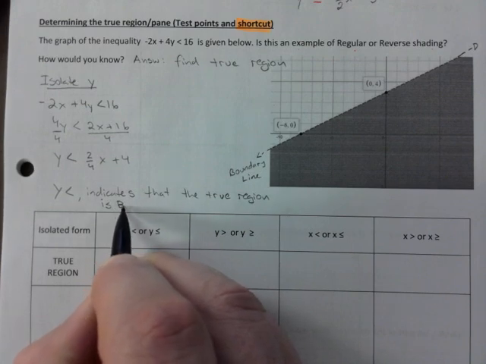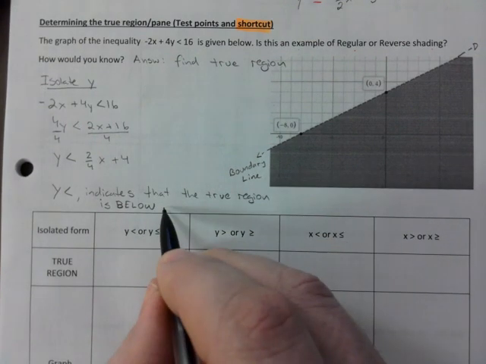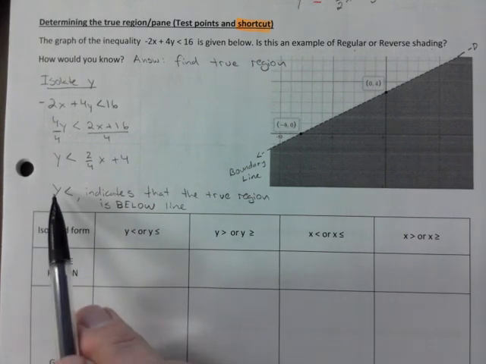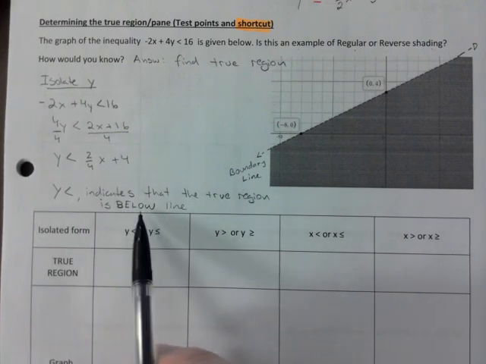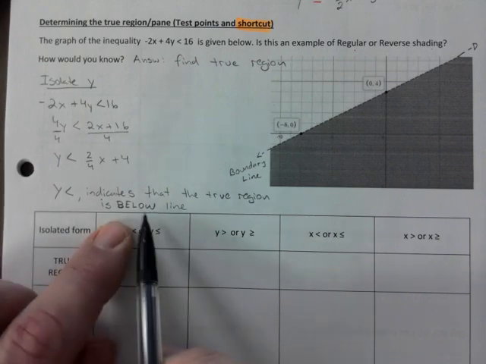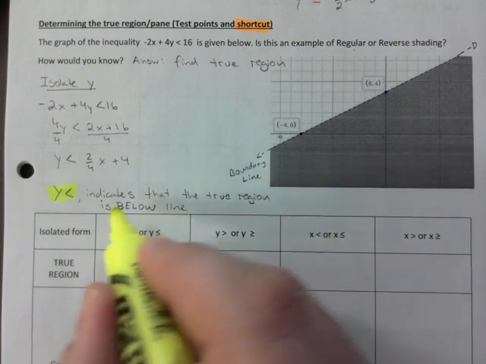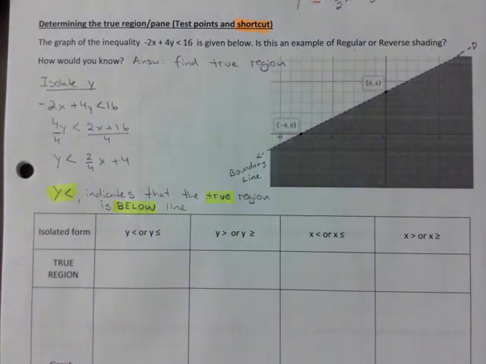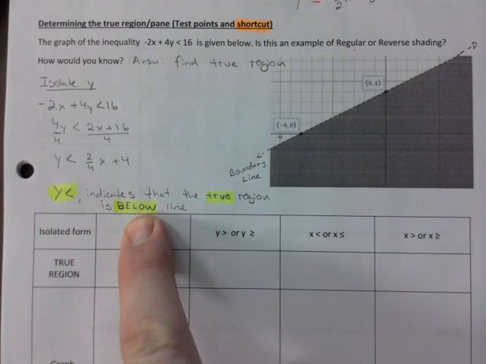I'm going to go all caps here. Y is less than indicates that the true region is below the line. Okay. I'm going to highlight that. True is below. Y is less than tells us the true region is below the line.